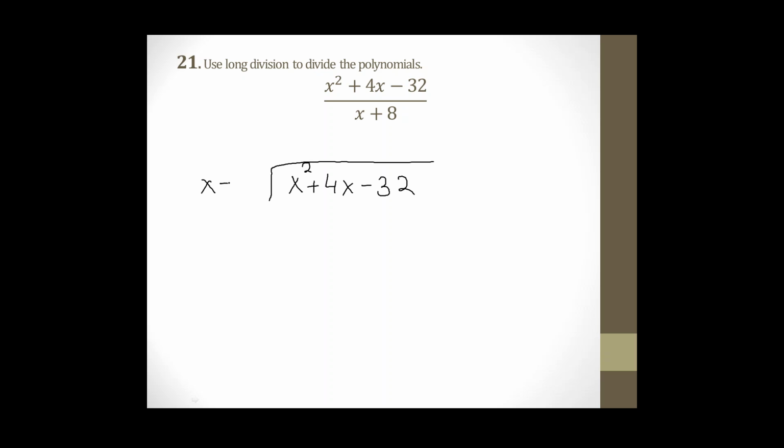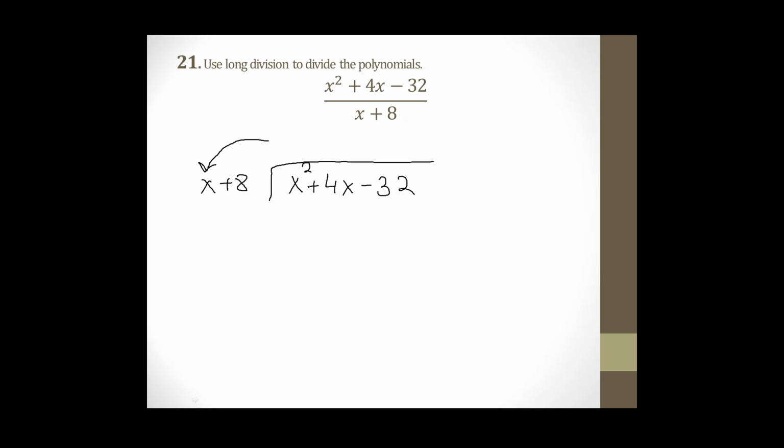So x plus 8. Up here goes your quotient, so you have to think: by what do you have to multiply whatever is your answer with this to get x squared.